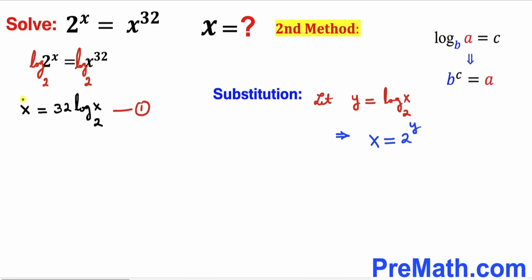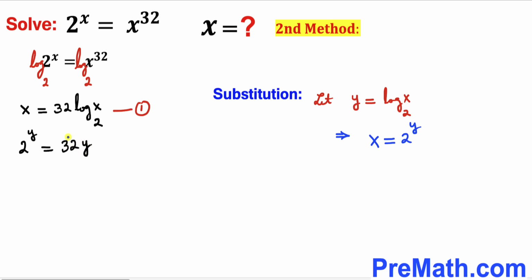So therefore now I'm going to replace this x with 2 power y over here, and this log of x with the base 2, I'm going to replace that one with just y. So therefore we can write on the left hand side 2 power y is going to be equal to 32 times y.